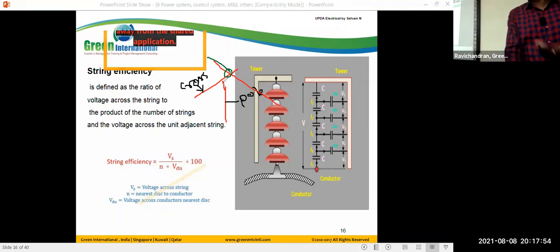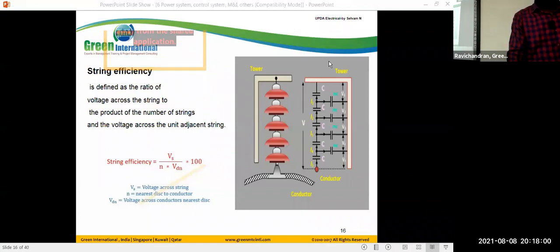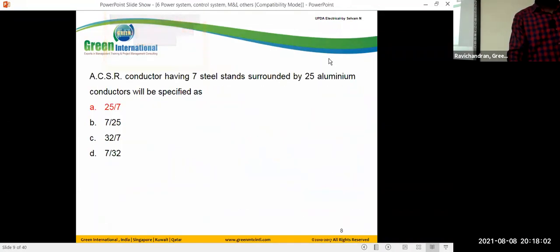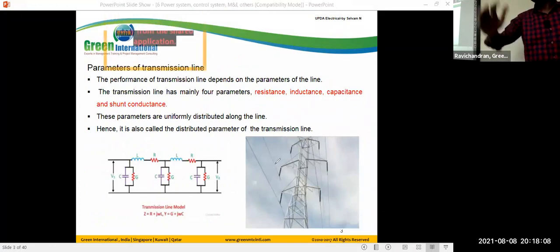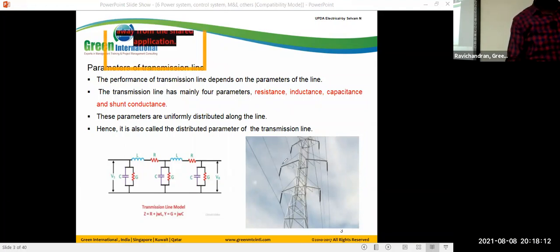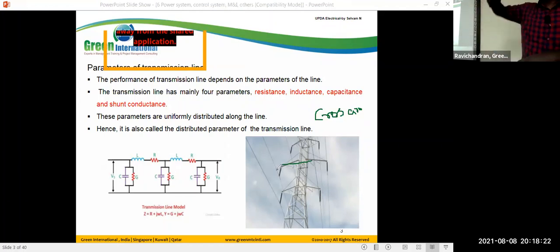Mostly we get questions from the transmission systems. Here the conductor is not placed on top of the cross arm. This is the cross arm. The conductor is hung, not put on top.